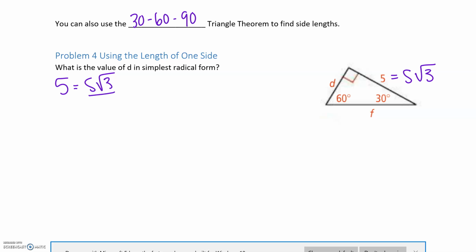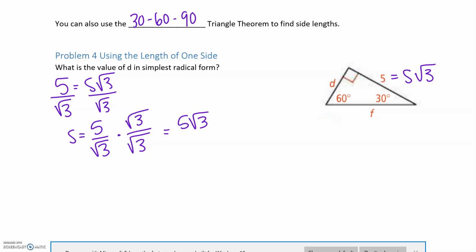We are going to divide both sides by the square root of 3. We get s equals 5 over the square root of 3, and we have to simplify that. So we are going to multiply both the top and bottom by the square root of 3. That's going to give us 5 square roots of 3 over 3.